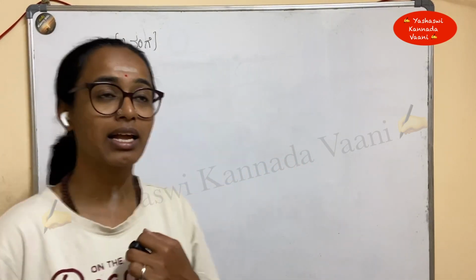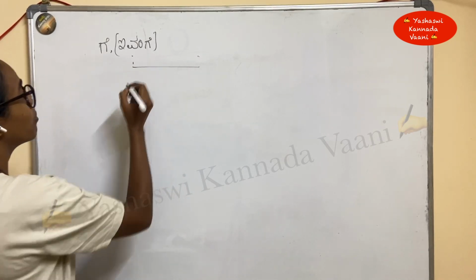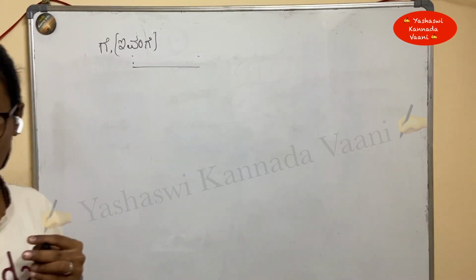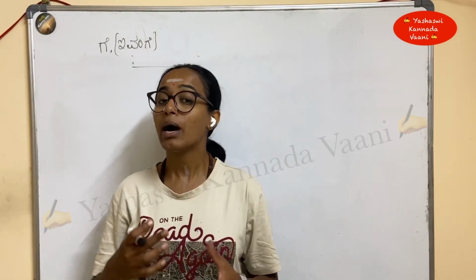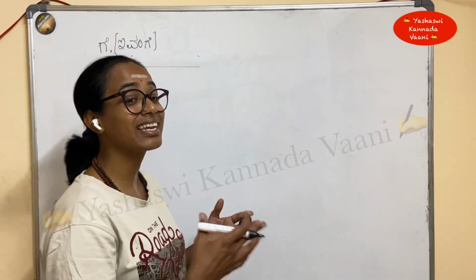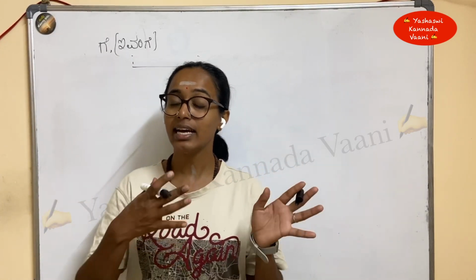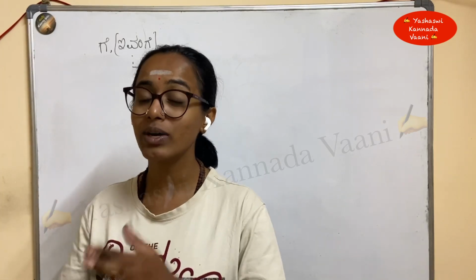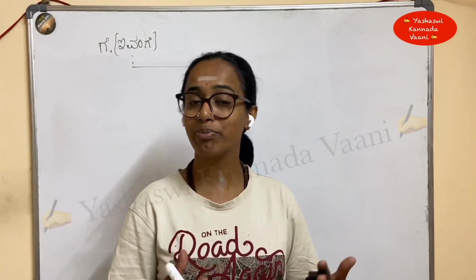That one we need to fill in first. ಮುಖ್ಯೋಪಾಧ್ಯಾಯರಿಗೆ or ಉಪಾಧ್ಯಾಯರಿಗೆ. ಮುಖ್ಯೋಪಾಧ್ಯಾಯ is a principal, ಉಪಾಧ್ಯಾಯ is a teacher, and the class teacher is ತರಗತಿ ಉಪಾಧ್ಯಾಯರು. ತರಗತಿ is a class. ತರಗತಿ ಉಪಾಧ್ಯಾಯರು is a class teacher. ಮುಖ್ಯೋಪಾಧ್ಯಾಯರು is a headmaster or the principal.